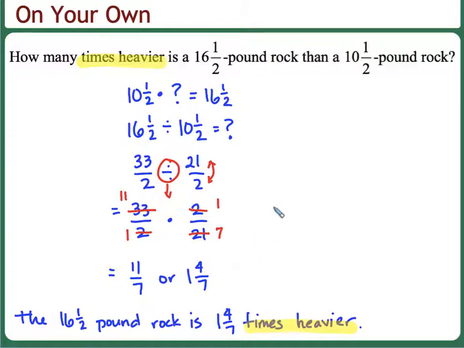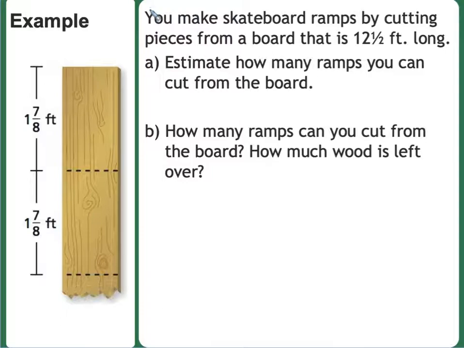Last but not least, we have another challenging word problem. So we were trying to make skateboard ramps by cutting pieces from a board that's 12.5 feet long. So on the left here, you can see we want ramps that are 1 7/8 feet long. And we have a big piece that's 12.5 feet long. So estimate how many ramps can you cut from the board?